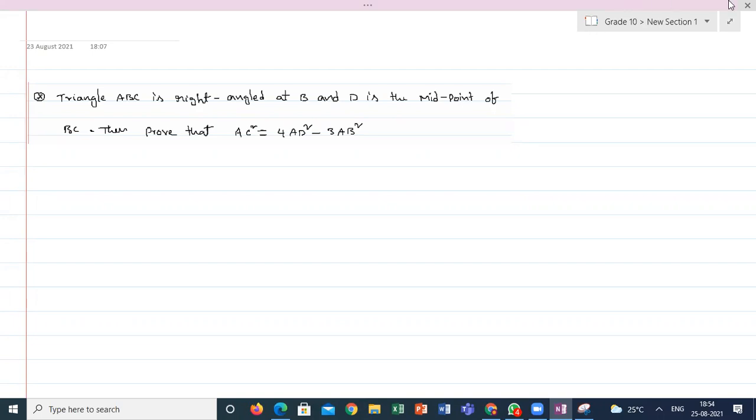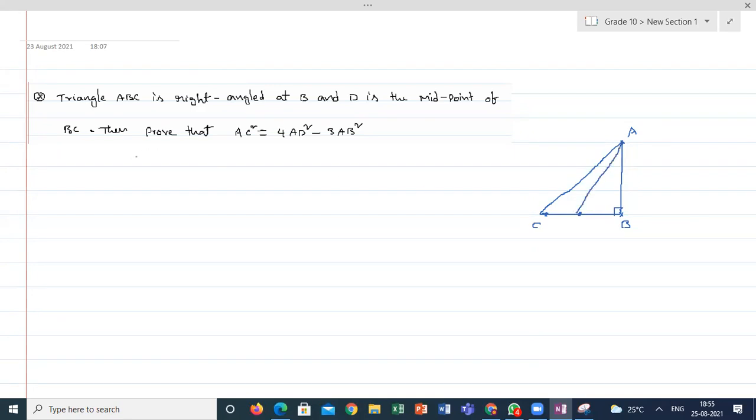I'm taking a right angle triangle ABC. They mentioned the right angle is at B. They took the midpoint on BC and joined AD.